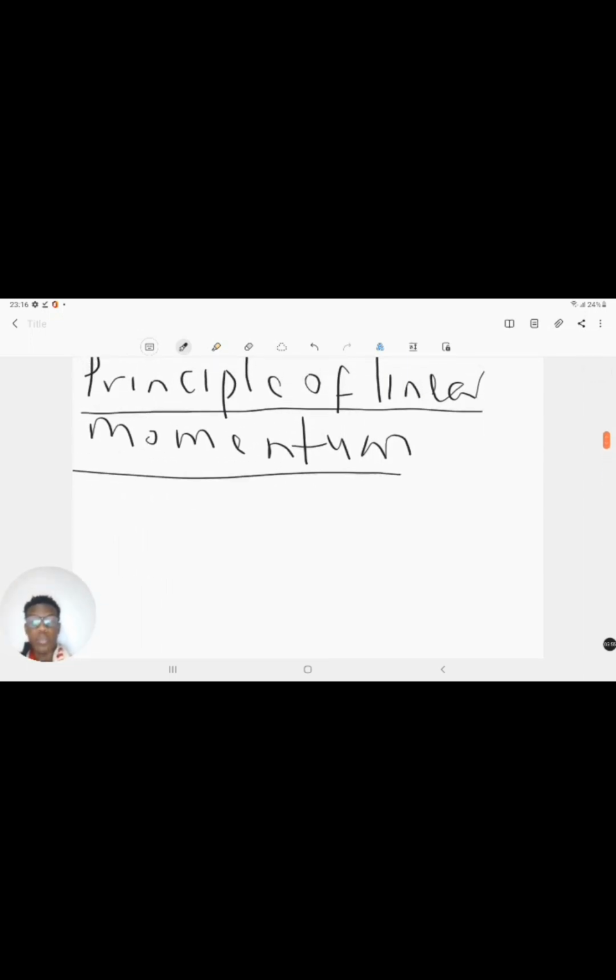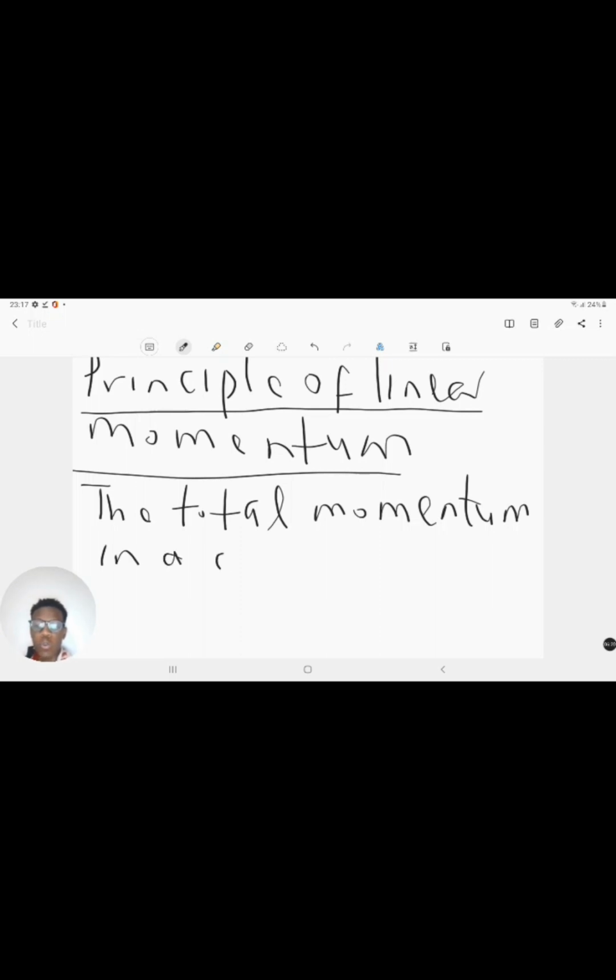Okay, so the principle of linear momentum states that the total momentum in a closed or isolated system remains constant, or does not change, or is constant. There are several ways that you can say this, but I'll point out the important words. You don't need to say both closed and isolated.